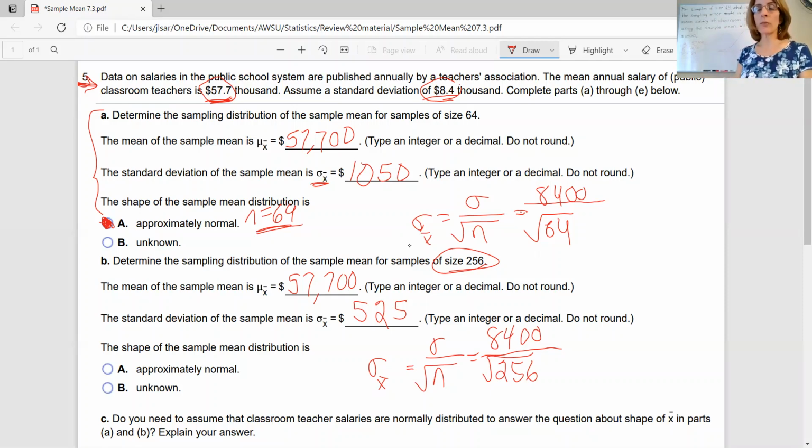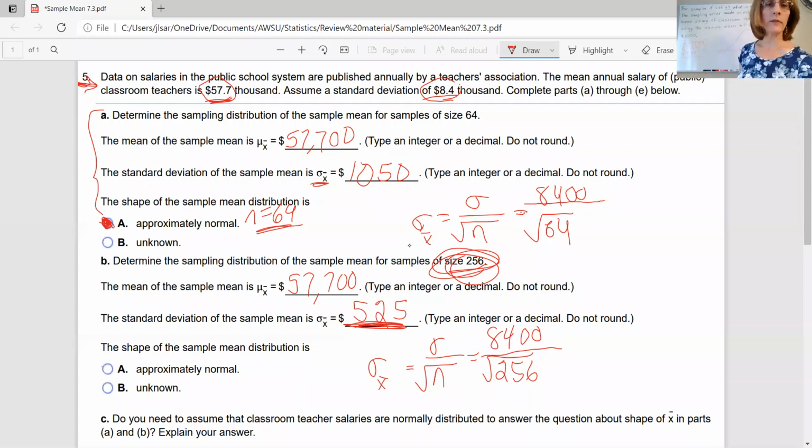The larger our sample size, the better our sample means are going to be. So when I use a sample size of 256, my X bars are going to be closer to the mean. Intuitively, we should understand that, but algebraically we've also shown it here, because our standard deviation for size 256 is smaller than the standard deviation when we had a size of 64.